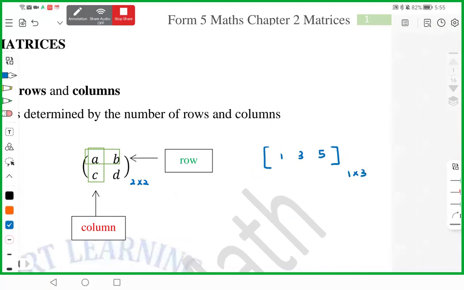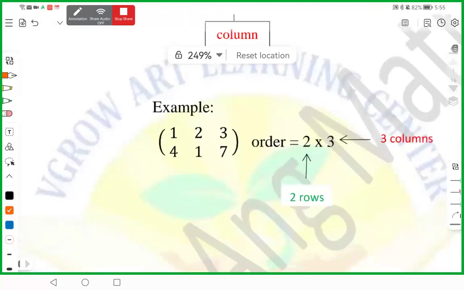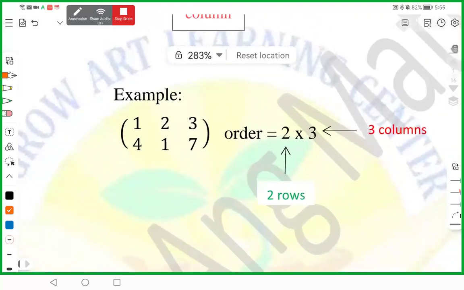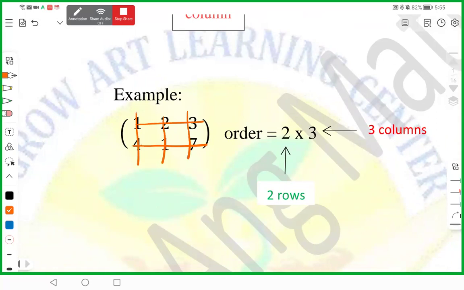Read it like this. Another example here: the order is 2 times 3 because 2 rows, 3 columns. First we have to know how to read the order.